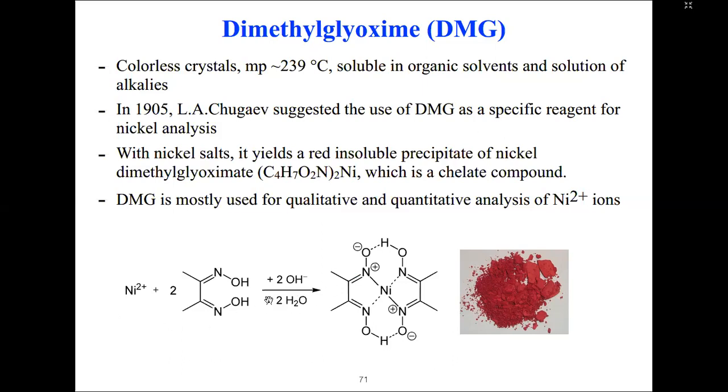In this reaction, these 4 nitrogens are pointed toward nickel. These 4 nitrogens are from 2 DMG. Each DMG has 2 nitrogens, so 2 DMG have 4 nitrogens. And this nickel is forming bonds with those 4 nitrogens. During this process, you add 2 hydroxide groups and remove 2 water molecules.